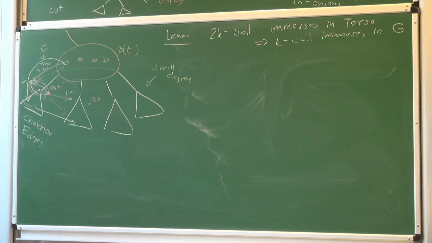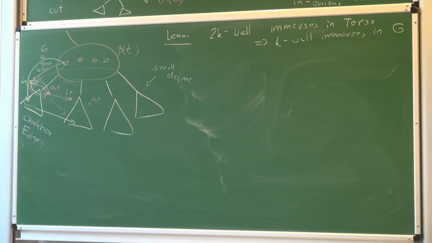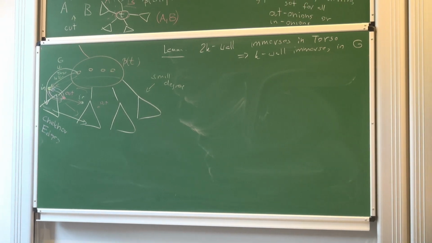So your degree is the minimum of the two? Yes, let's say that. Okay. So the degree of a vertex is the smaller of in degree or out degree of a vertex. Yes. And so how can I decompose a torso? That's the next step in my story.